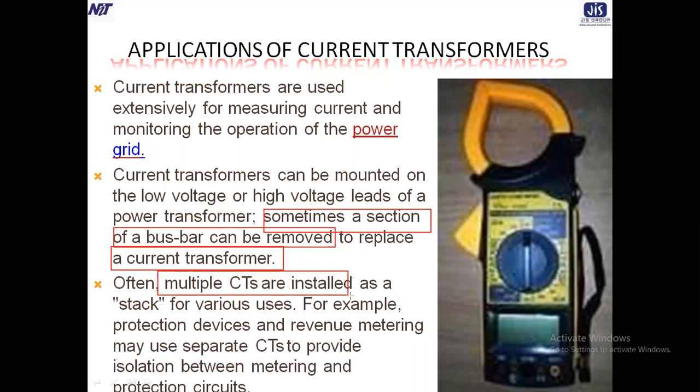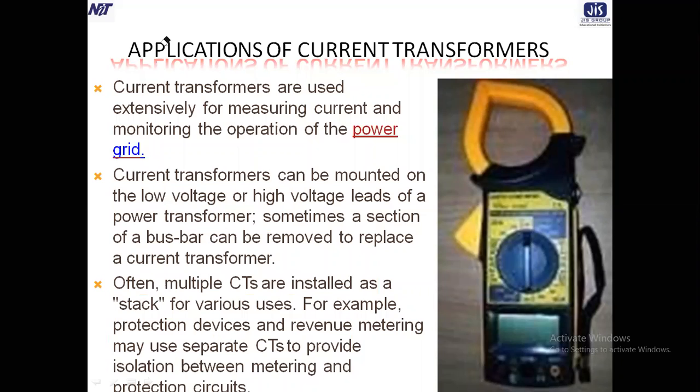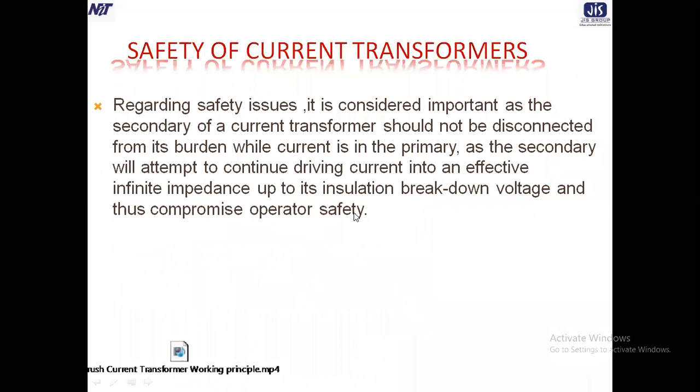For example, protection devices and revenue metering may use separate CTs to provide isolation between metering and protection circuits. Okay, so these are the applications of current transformers, or you can say applications of CTs.